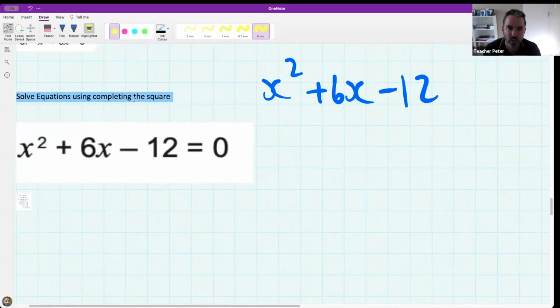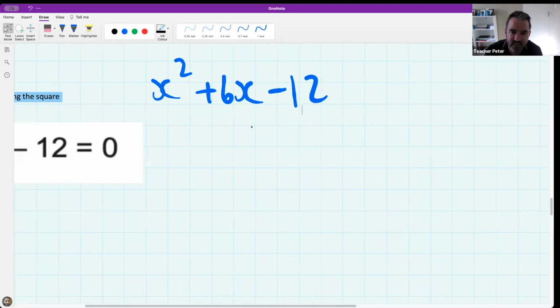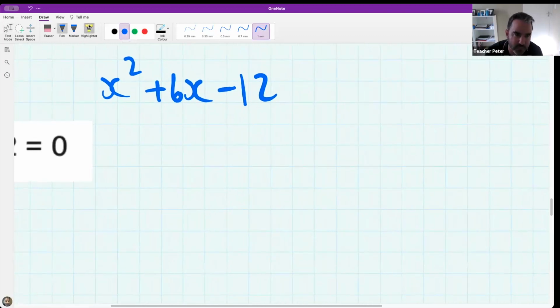Is this a perfect square at the moment? No. What is the first step that I need to do in the process? Where do I need to focus my attention? Okay.